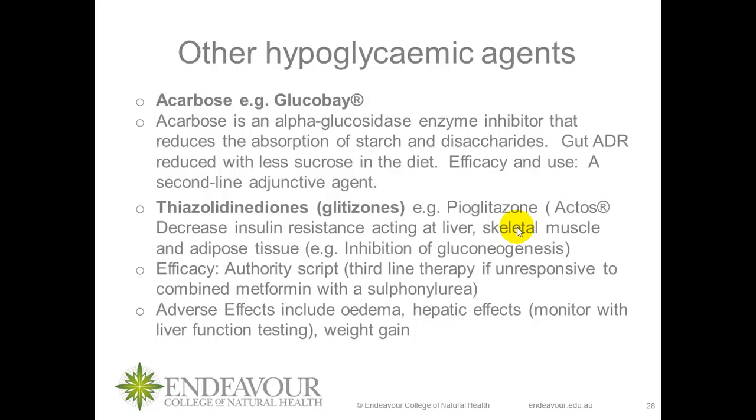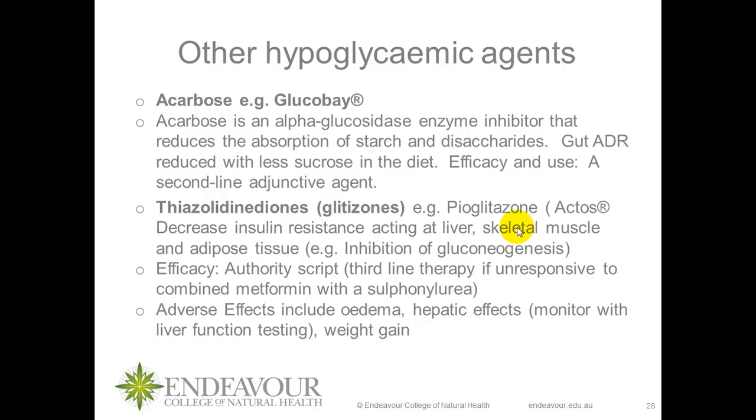Then there are the glitazones. Another name for the glitazones is thiazolidinediones. So you'll see a common generic ending. They will have azone, or they might have glitazone in the name to tell you they're of this chemical class. Pioglitazone is sold under the brand name Actos.